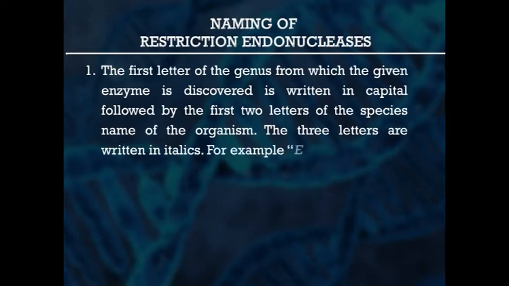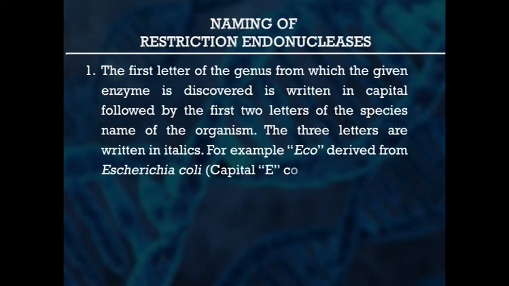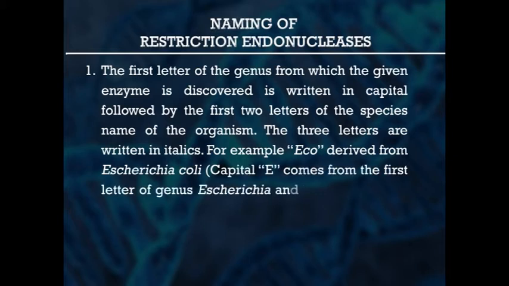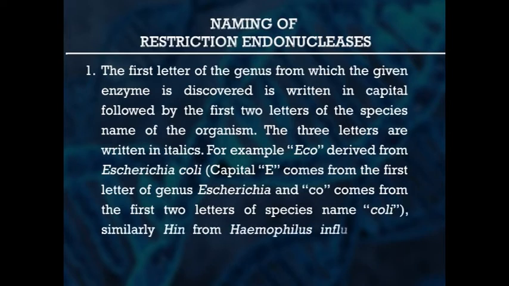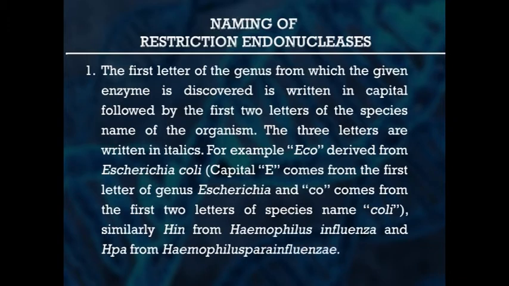For example, Eco derived from Escherichia coli. Capital E comes from the first letter of genus Escherichia and co comes from the first two letters of the species name coli. Similarly, Hin from Haemophilus influenzae and Hpa from Haemophilus parainfluenzae.